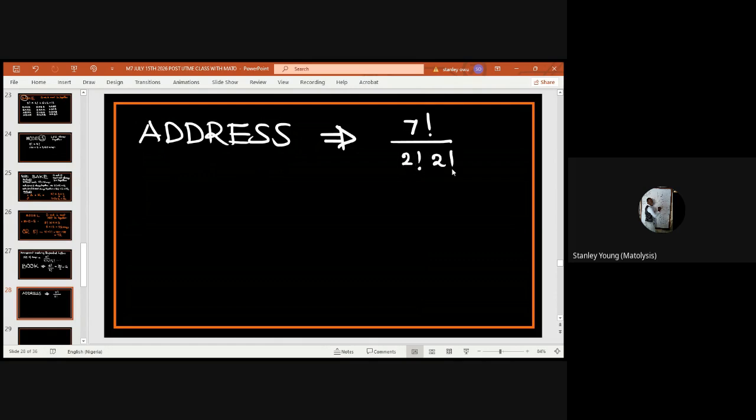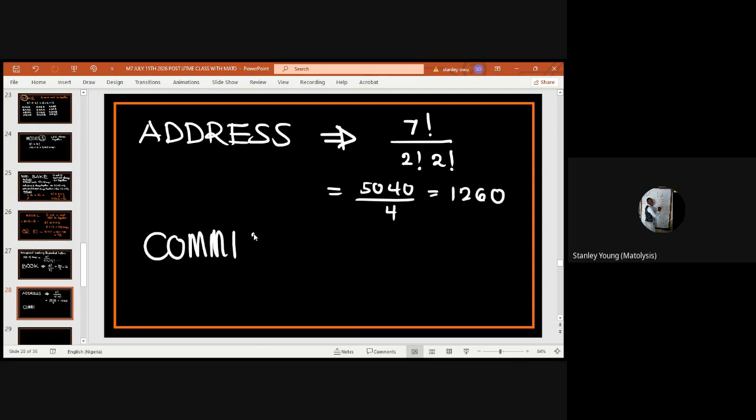We have 2. So that gives us 7 factorial, which is 5040, divided by 4. So 4 in 5, that's 1, remainder 1. 4 in 10, that's 2, remainder 2. 4 in 24, that's 6. So the answer is 1260.